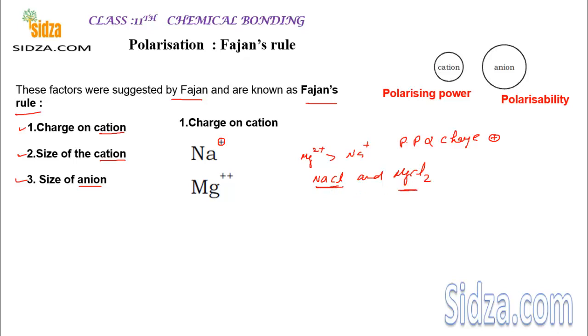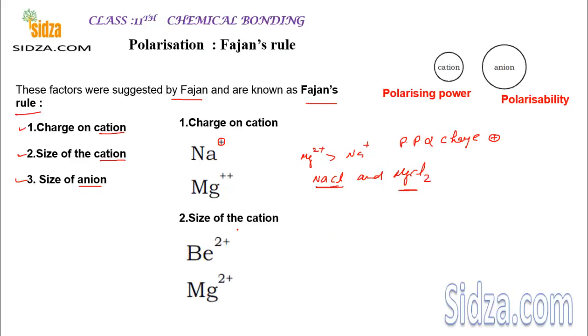Both are ionic compounds, but the percentage of ionic character is more in sodium chloride than in magnesium chloride, because magnesium chloride, with 2 positive charge on the magnesium, can pull the electrons very strongly, and it has a little bit more covalent character than sodium chloride. Correct? So covalent character is more in magnesium chloride than in sodium chloride, or in other words, sodium chloride is more ionic than magnesium chloride.